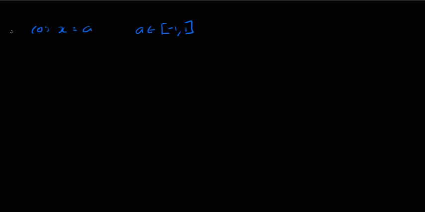So you've got a unit circle. Better try and draw the axes straight, I suppose. Okay, so cos of x equals a.